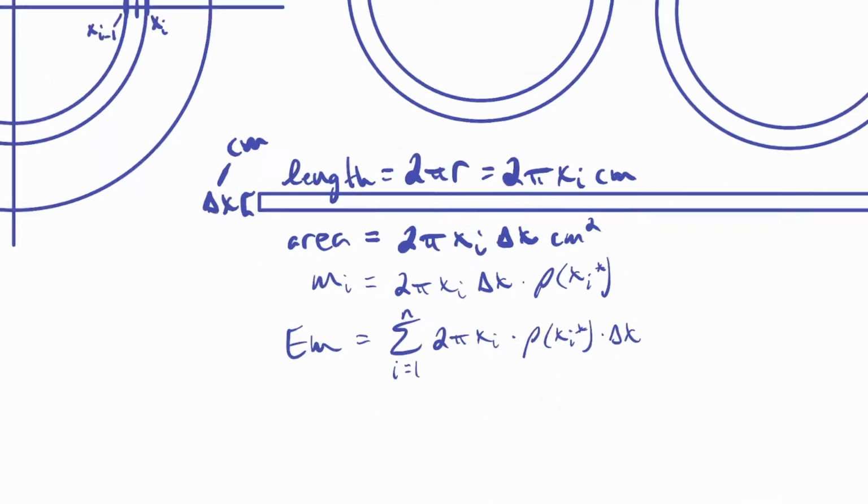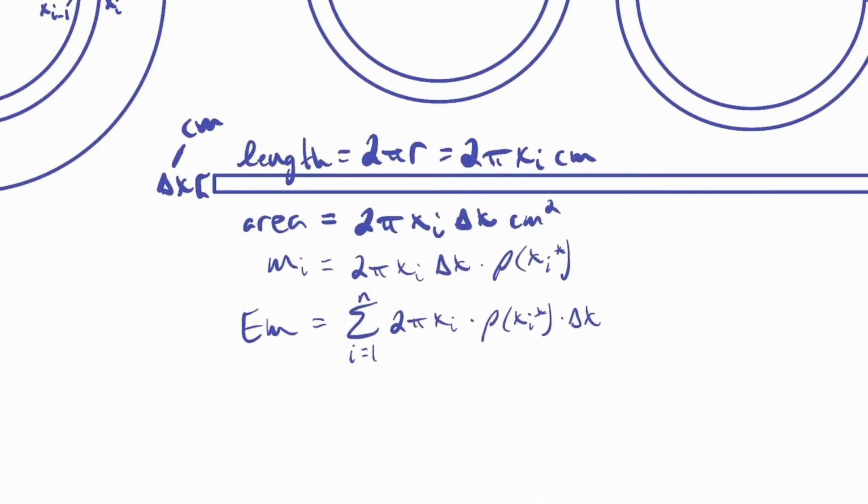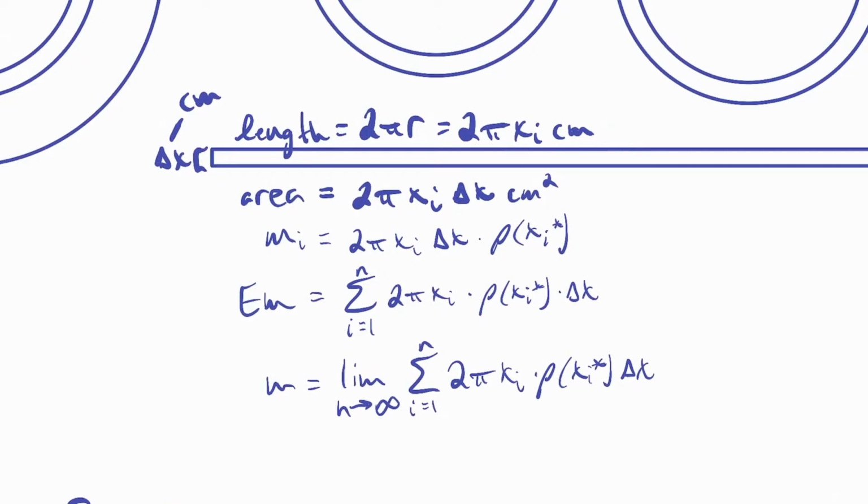Okay, so as per usual, the mass itself, the exact mass, well, this will be the limit as n goes to infinity of the sum as i goes from 1 to n of 2 pi xi times rho of xi star delta x, which of course, I'm basically out of room here.